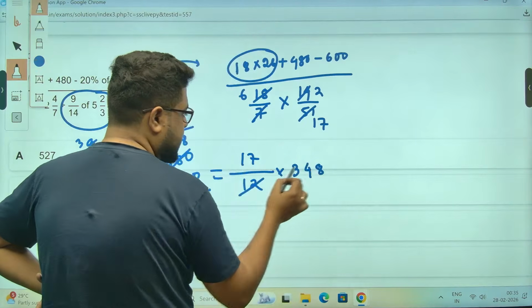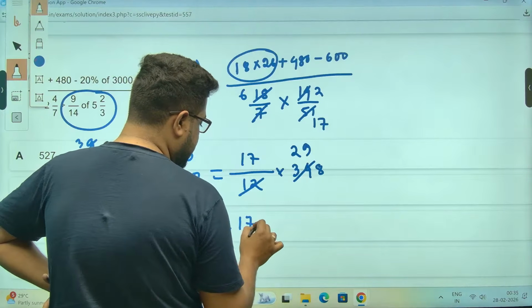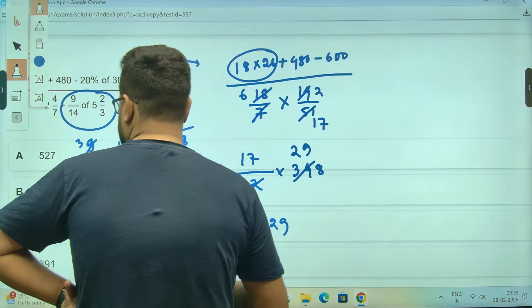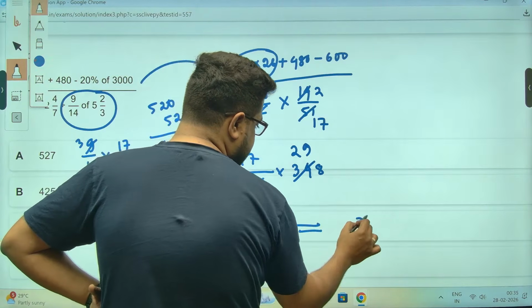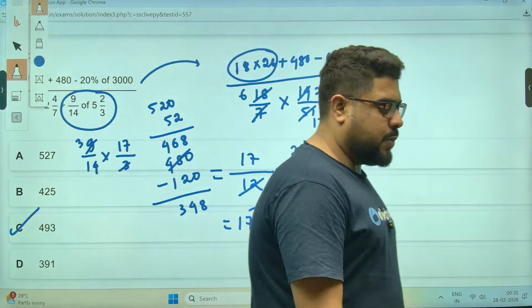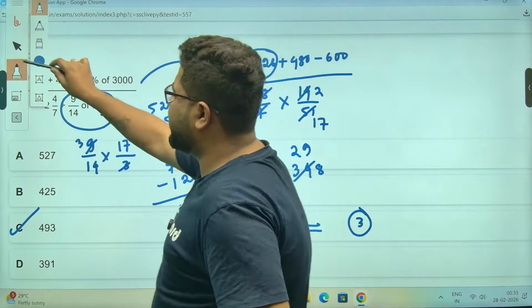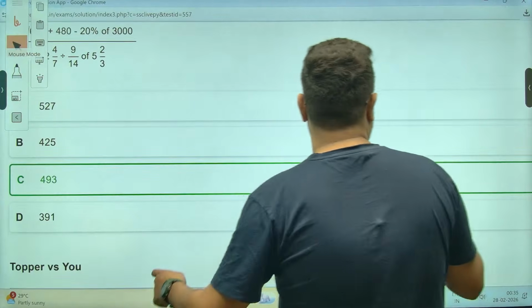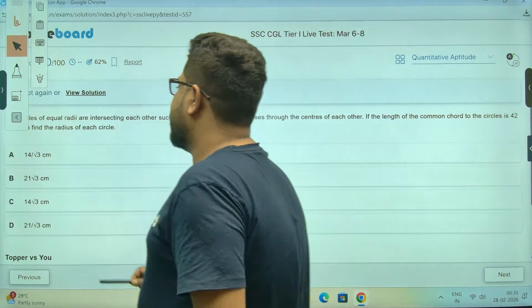This is what I'm getting. 17 into 29. Again, I don't need to calculate because 7 nines are 63, so my unit digit will be 3, which is there in option number C. So that's the answer. Again, a little calculative, but this much is okay for a simplification question, not a very big deal. Perfect, sir.